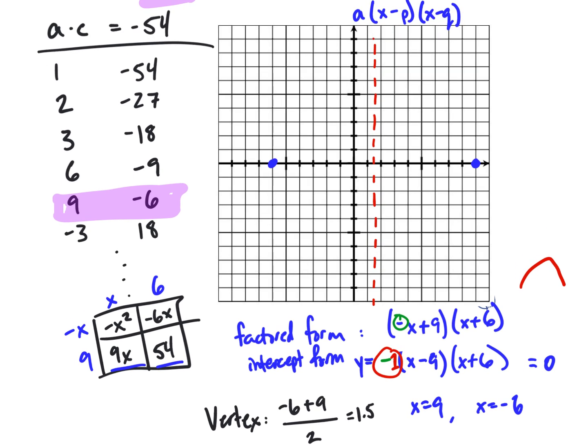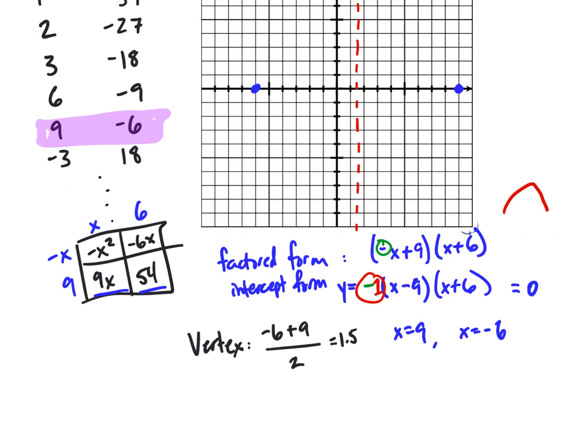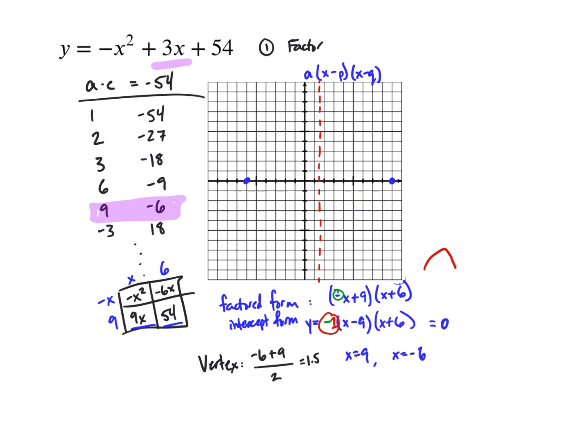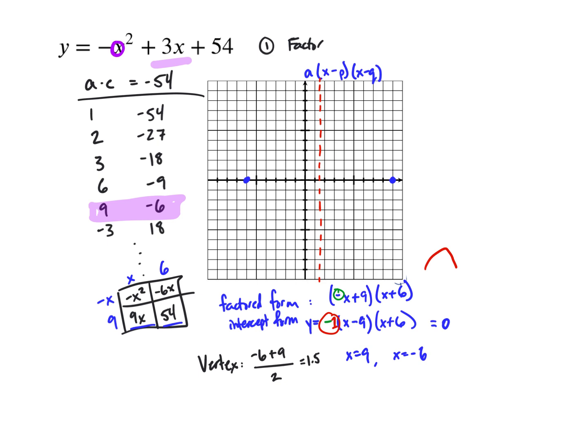Now I don't know what the y value is for the vertex yet, so I have to take 1.5 and put it back in. I can do that way up here with the x's there, or I can do it way down here. That seems easier to me, so I'm going to do it like that.